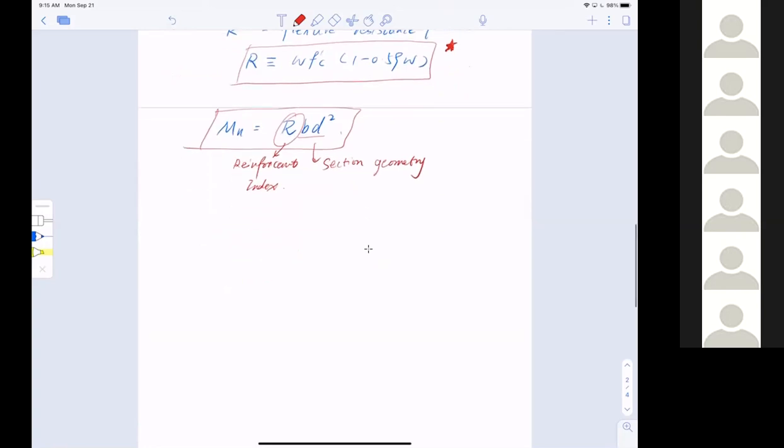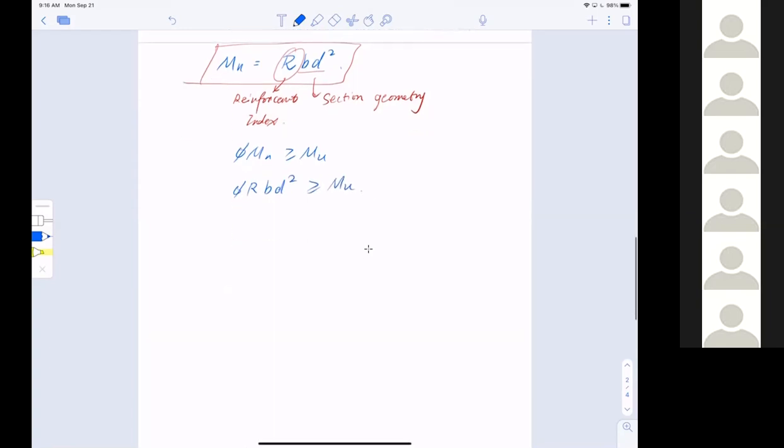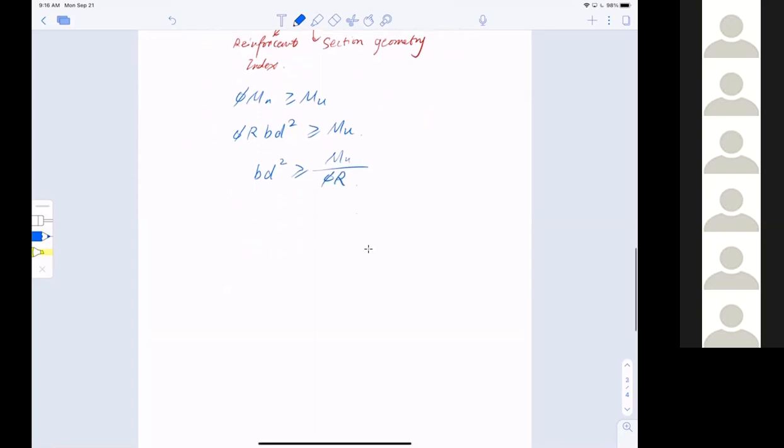Because we want phi Mn bigger than or equal to Mu, that means phi R B D squared is bigger than or equal to Mu. So we want B D squared to be bigger than or equal to Mu divided by phi R. So this equation is very friendly.